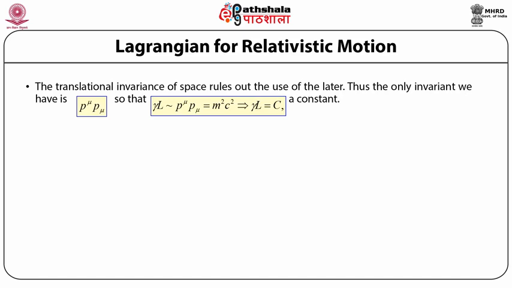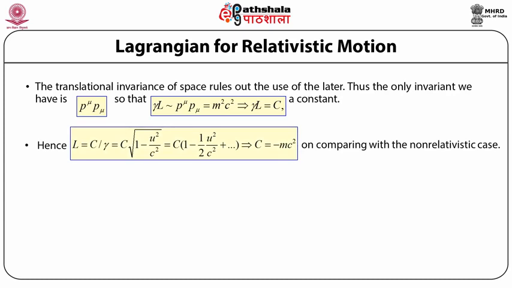To find the constant C, we appeal to the non-relativistic limit and expand in powers of u by c. Hence, L is equal to C by gamma, which is equal to C times the square root of 1 minus u square by c square, equal to C times 1 minus half u square by c square, and so on.